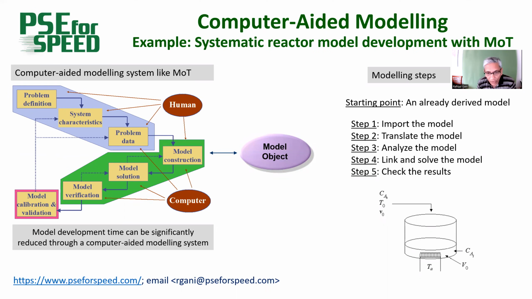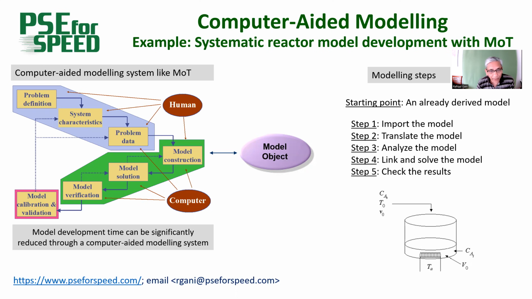This recorded video follows the previous one, where we showed through a simple example the main features of MOT, the introductory features of MOT. This video follows the same procedure, but we are going to use a more detailed model and additional features of MOT.